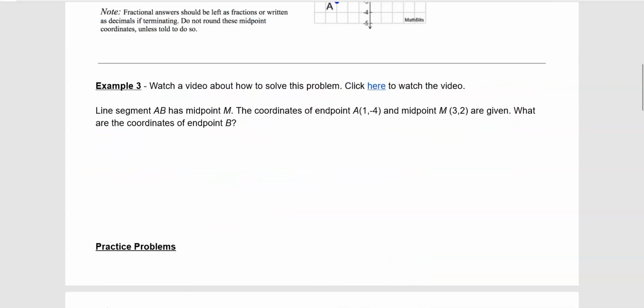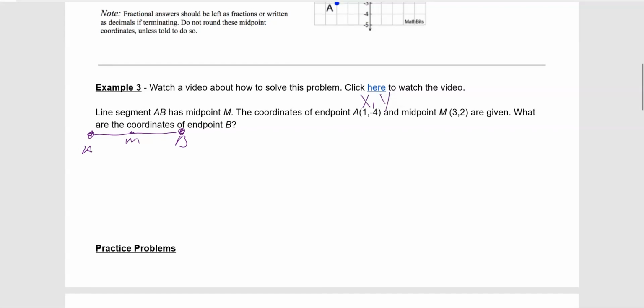Okay, so example 3 gives us a line segment AB with midpoint M. And it tells us that we have point A and the midpoint, but we do not have point B. So we have x1 is 1, x of the midpoint is 3, and the x2 is what we're solving for.